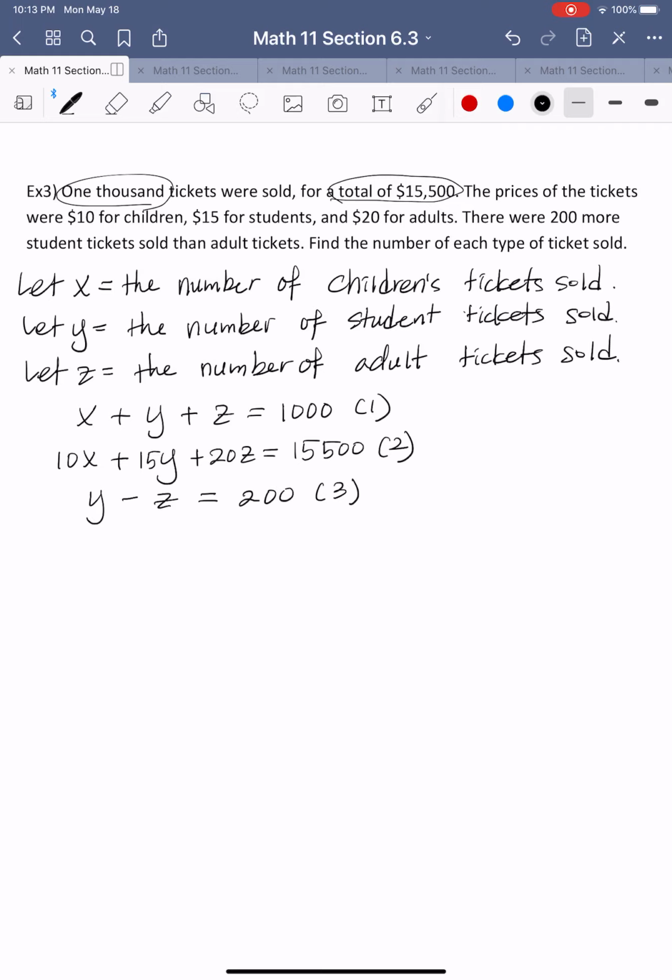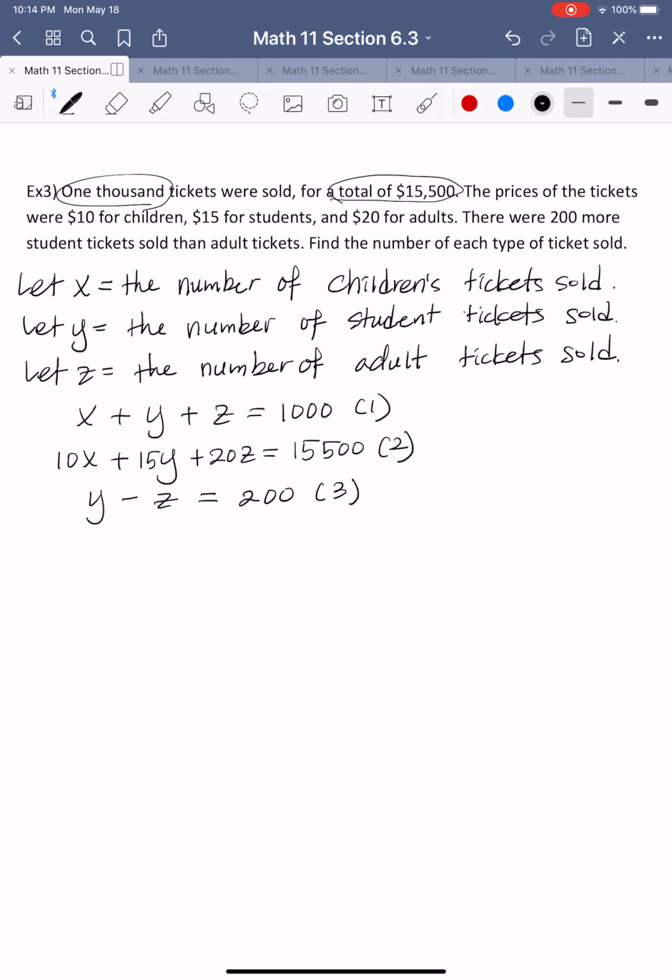Okay, so now what I want to do is eliminate the x terms, because equation 3 only has y and z, so if I eliminate the x terms, then I don't need to create another equation.